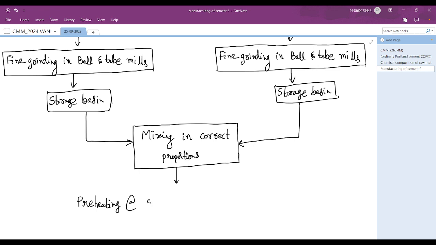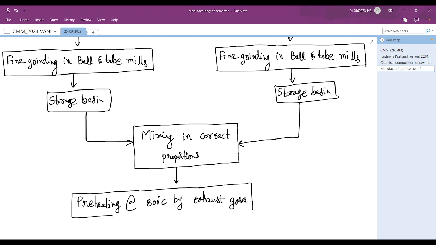Preheating at 800 degrees centigrade by exhaust gases.